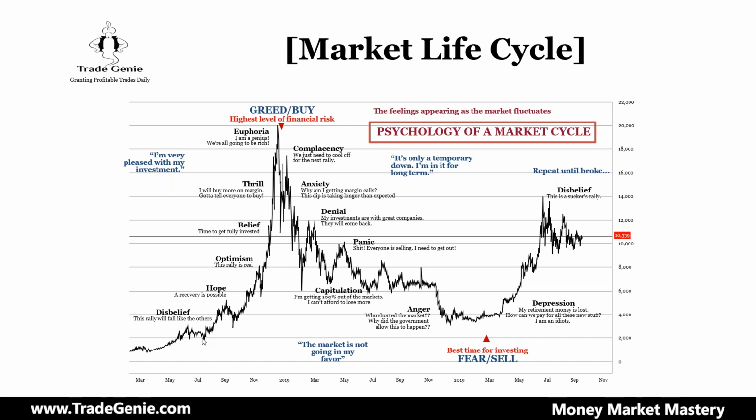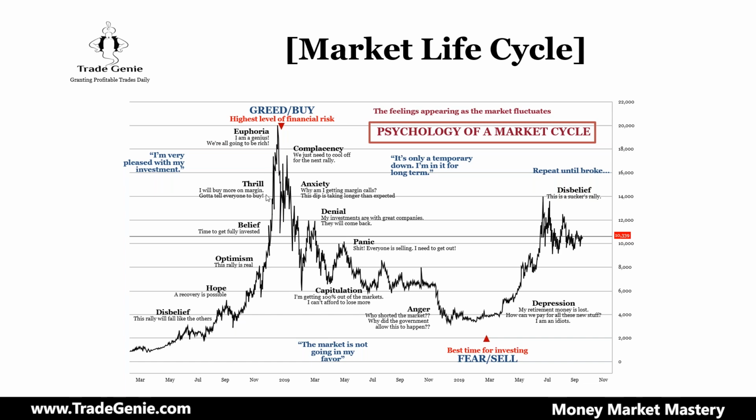So this is, let's say, the monthly chart. Here is the hope, the market recovery is possible, then the optimism. This is where we could be: optimism, this already is real. Then we get into the belief and the time to get fully invested. People are coming in here at the time to get fully invested, whereas the big boys have invested at this level between disbelief and hope.